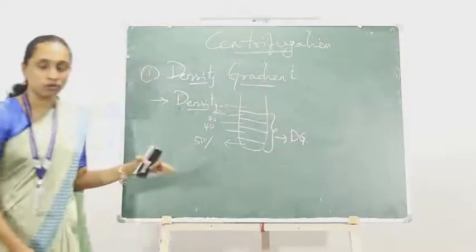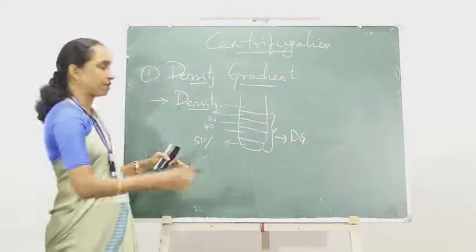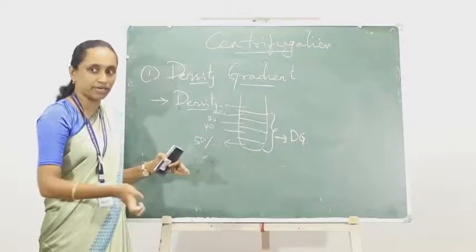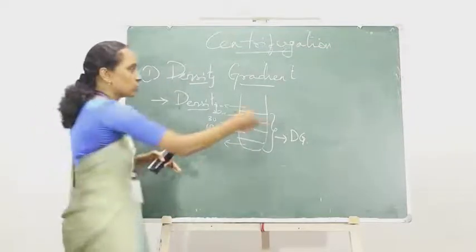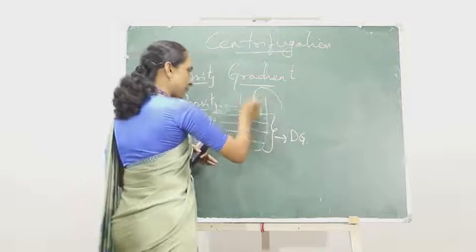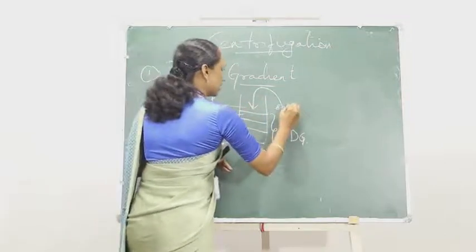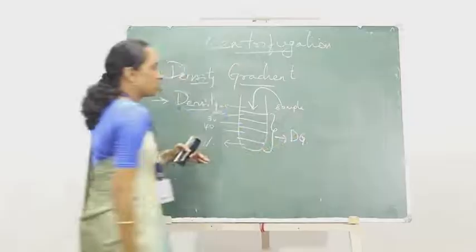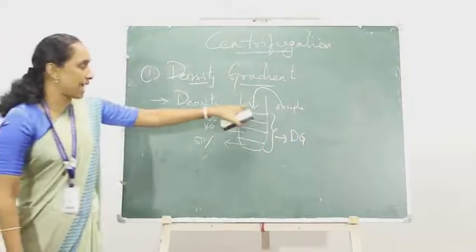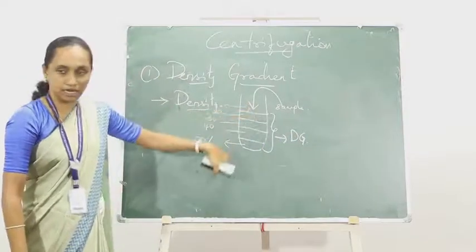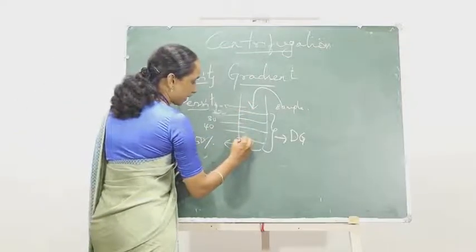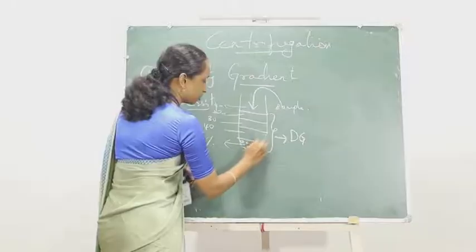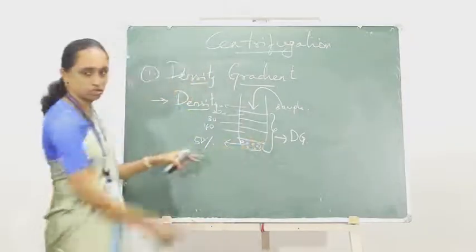Now you take a mixture of sample with different particle sizes or different densities, and you need to separate those molecules based on density. So you add that sample which you need to separate. The sample will start moving during centrifugation, and the higher density sample will get fixed in the higher concentration sucrose solution.